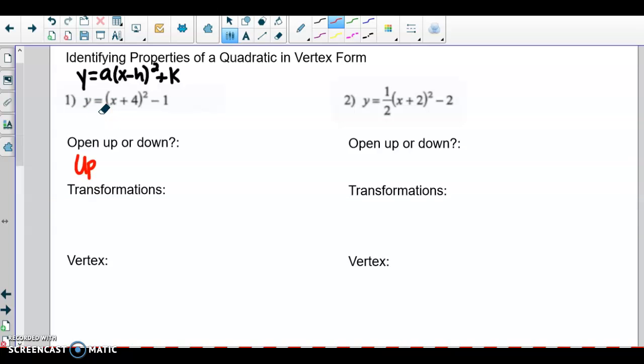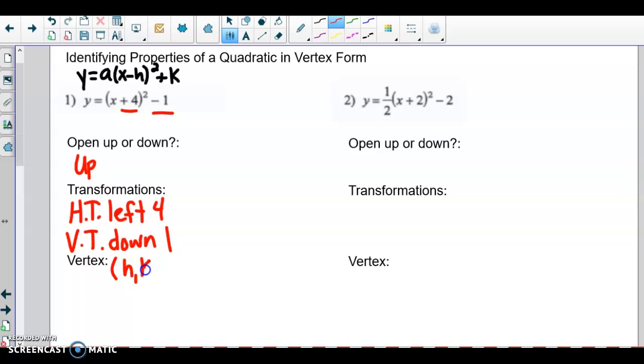My transformations, the plus 4 is a transformation. That plus 4 tells me I have a horizontal translation left 4. And then the minus 1 says I have a vertical translation down 1. My vertex, that's what's new to us here. So in general, the vertex is h comma k. So let's think about that for a second.